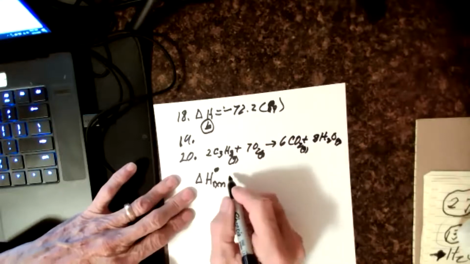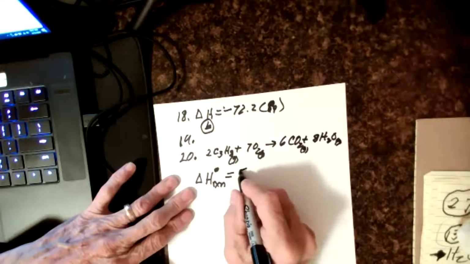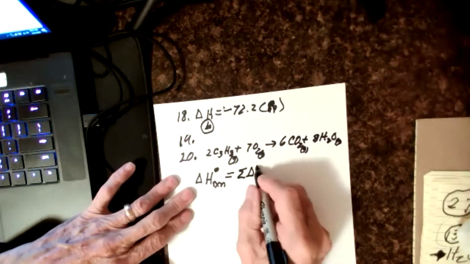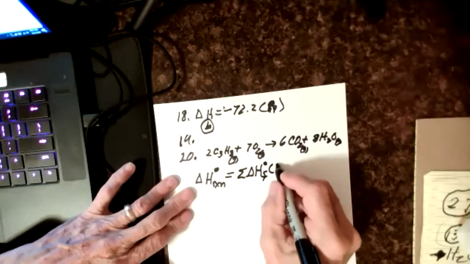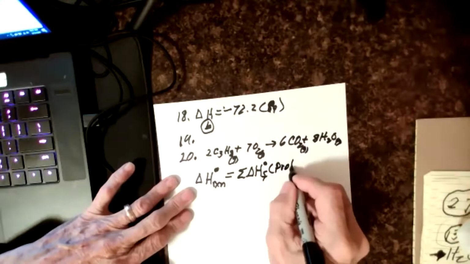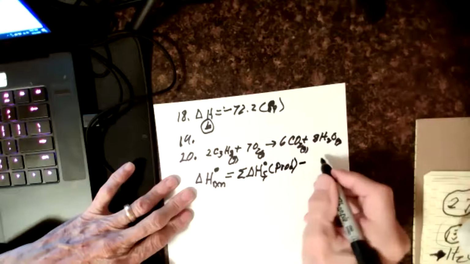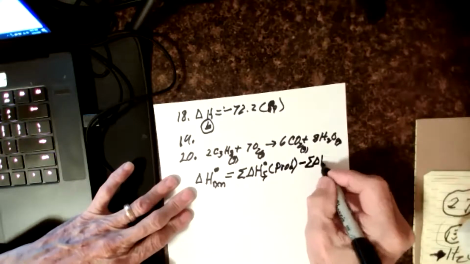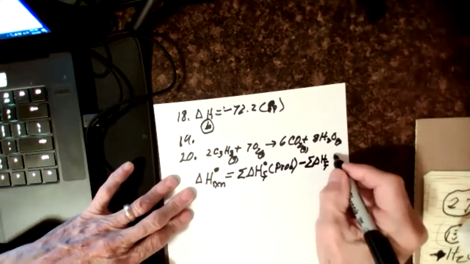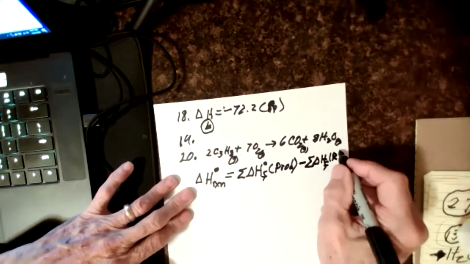That's going to be equal to the sum of the delta H of formation of the products minus the sum of the delta H of formation of the reactants.